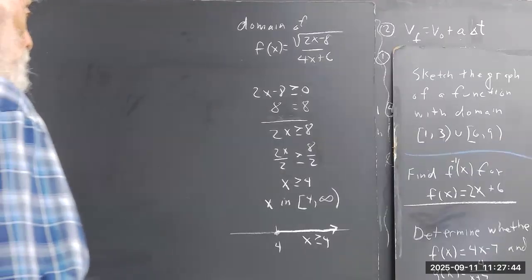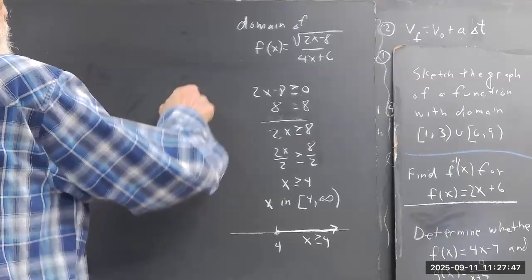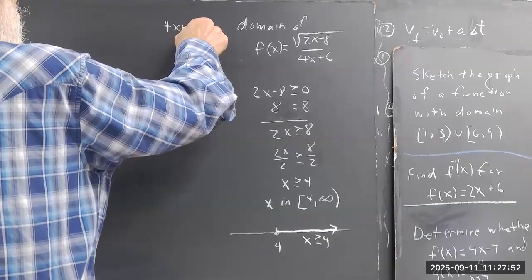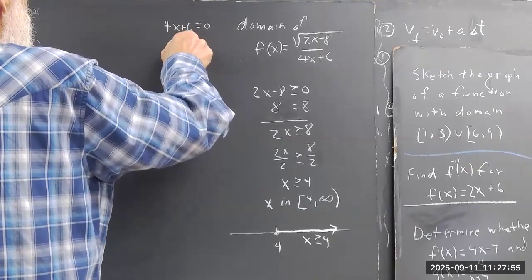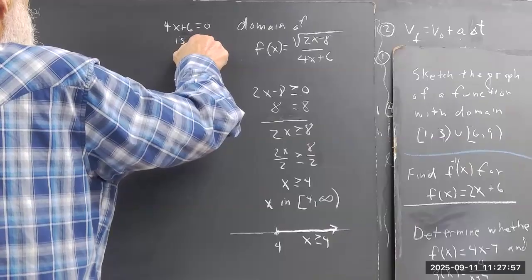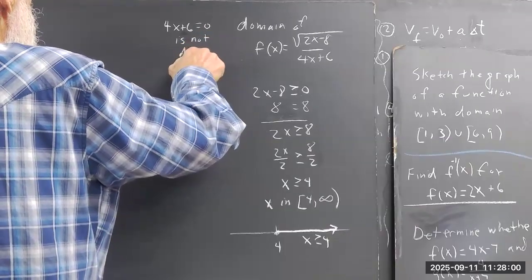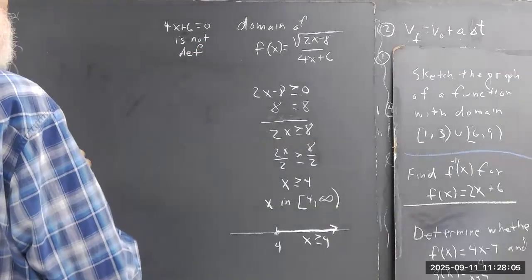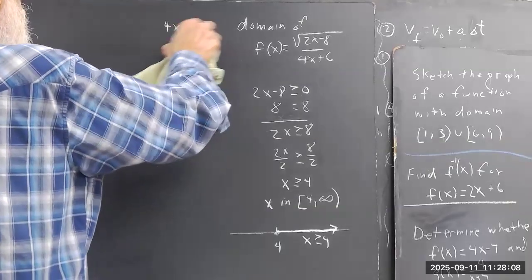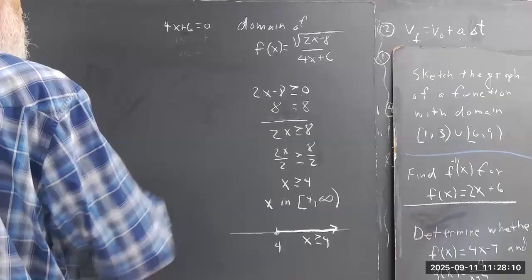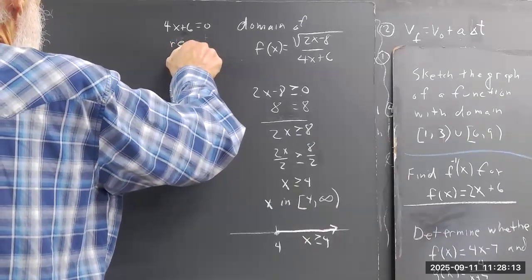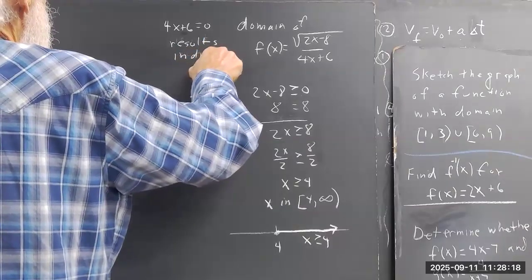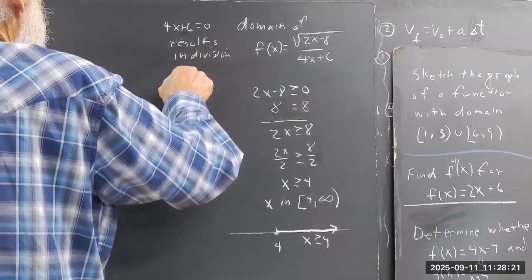Then for the denominator, let's see what it does. 4x plus 6 equals 0 results in division by 0.